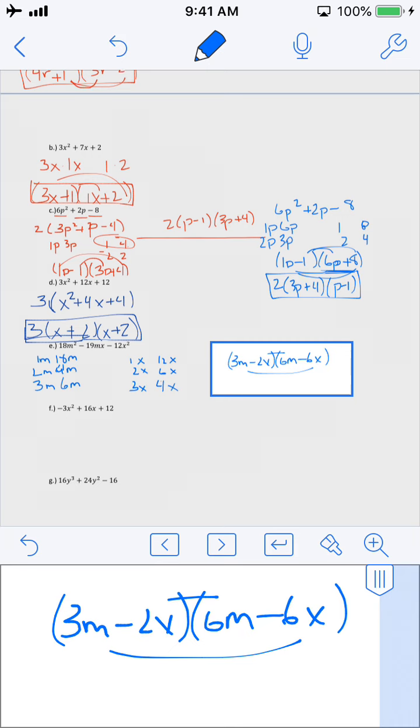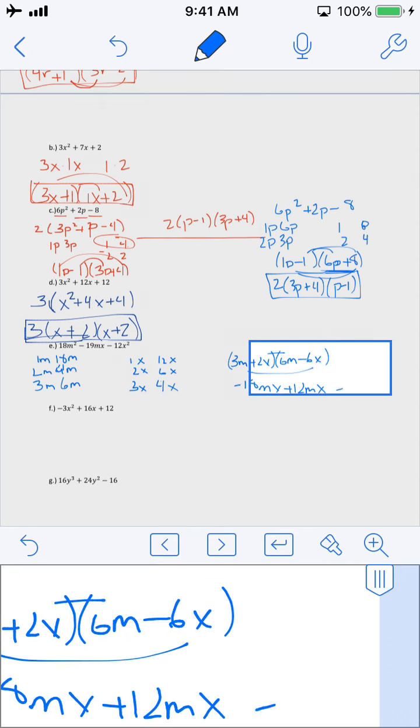That's how I got these lists. It's the inside and the outside that I want. So here I get negative 18mx plus 12mx, which is negative 6. That is not negative 19. Okay, so that combination didn't work.